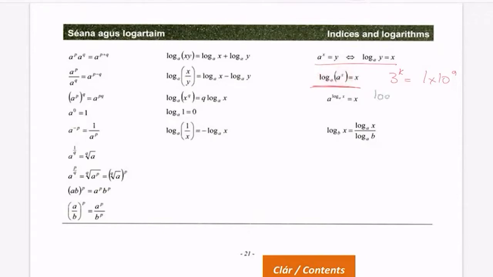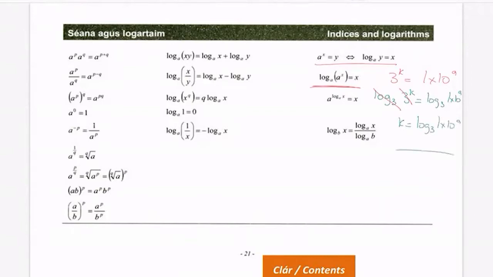So if I do log to the base 3 of 3 to the power of k, matching my base numbers, what I do to one side, I have to do to the other. The log 3 and the 3 will cancel, and I'll be left with k being equal to log to the base 3 of 1 by 10 to the 9.